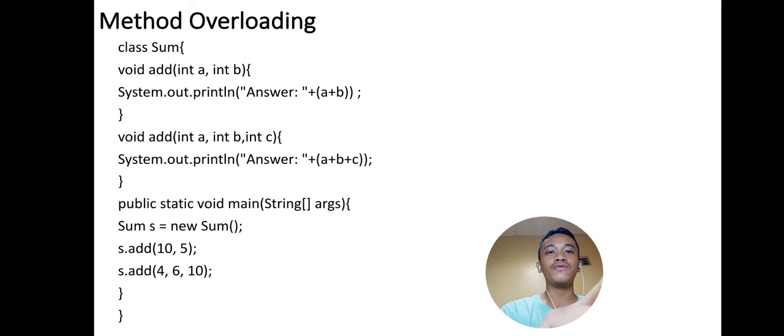Instead of using void add1 and void add2, we can use the same name but with different parameters. The first method only accepts two parameters and the second method accepts only three parameters.